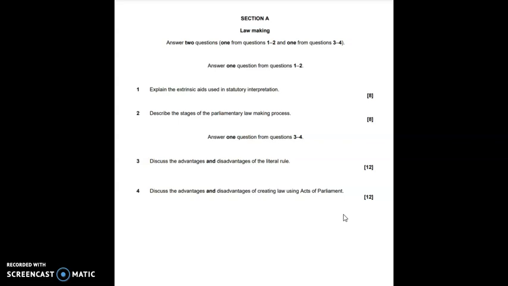There's a consultation stage. It goes through lots of stages through both houses of Parliament. But of course, disadvantages, you could talk about things such as Parliament not having the time to deal with all the reforms that are proposed, and that the legislative process has many stages. It can take a long time.